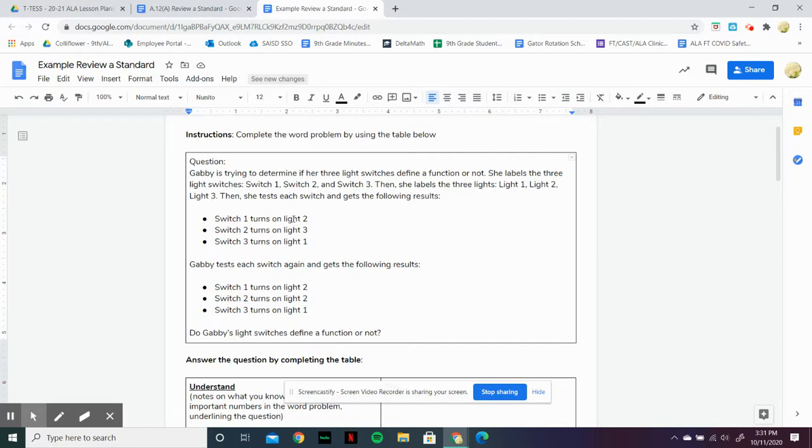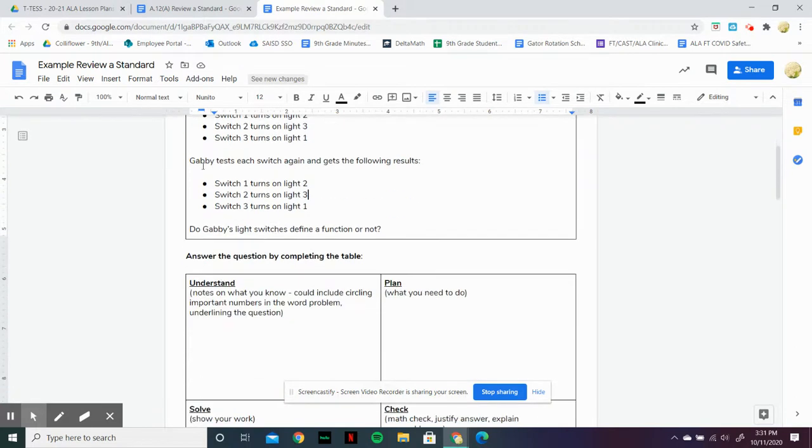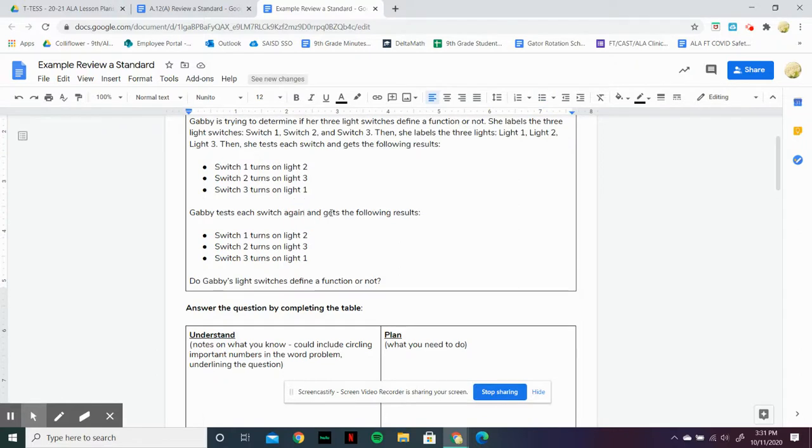Switch 1 turns on light 2, switch 2 turns on light 3, switch 3 turns on light 1, and then Gabby tests each switch again and she gets these results. Switch 1 turns on light 2, switch 2 turns on light 3, and switch 3 turns on light 1. And the question is, do Gabby's light switches define a function or not?